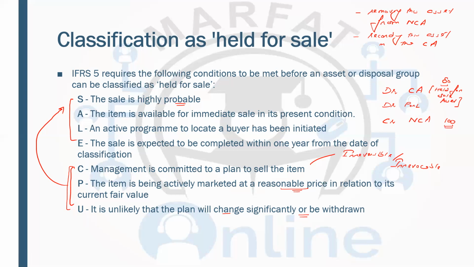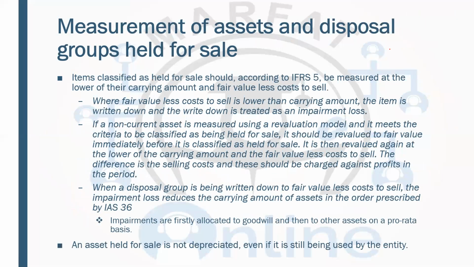Now that means we will be recording the asset in the current assets at the lower of what? Its carrying amount, which is the carrying value. Carrying value means the book value, whatever the value in the books is, and then the fair value less cost to sell.